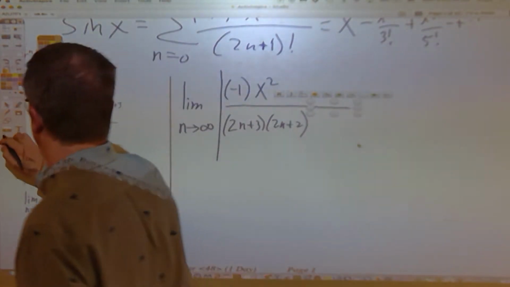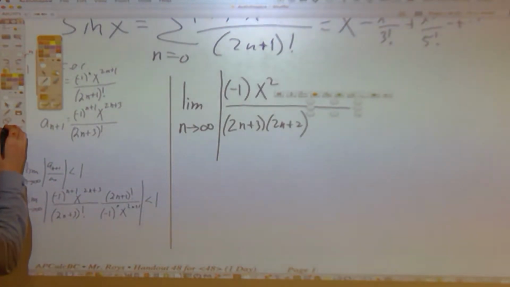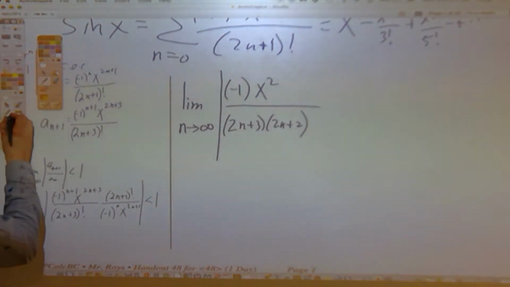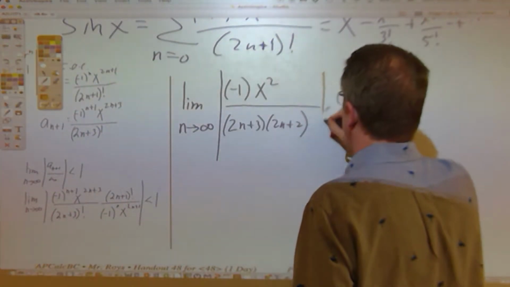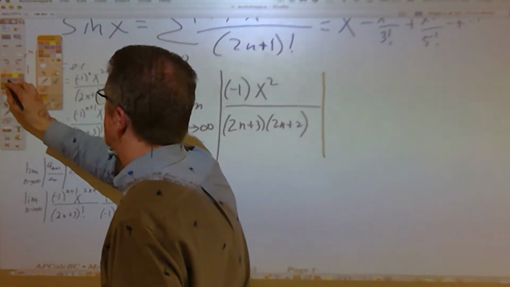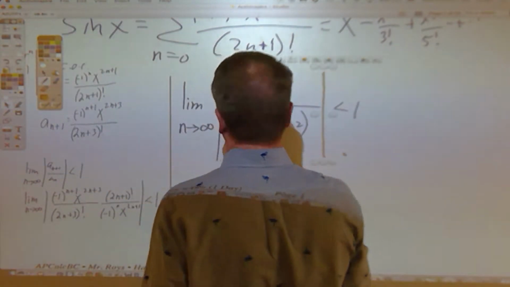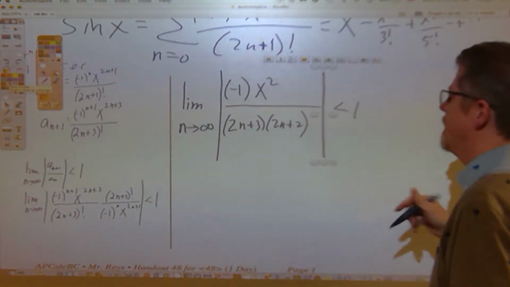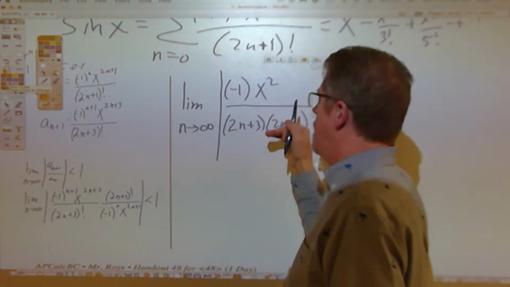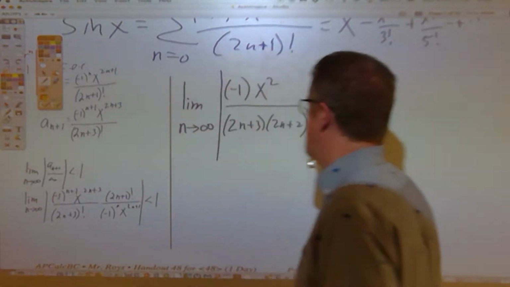So we can think about taking the limit, treating x as a constant of all things. I know it feels kind of weird to treat x as a constant, but this whole thing is, don't forget, less than 1. So, the limit as n approaches infinity. Interestingly, it's bottom heavy, and so what is the value of the limit?